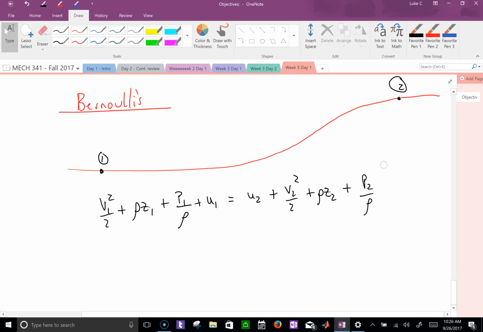If you remember from thermal, this is really the conservation of energy.